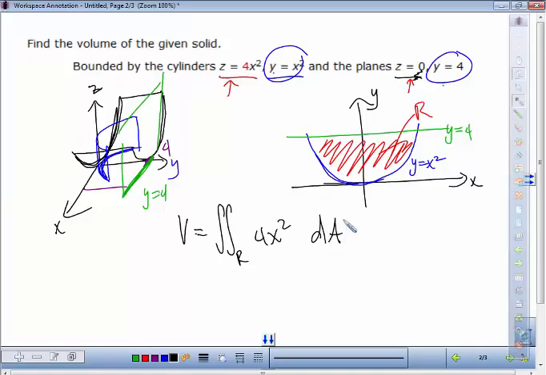Now, how would you want to take the integral of this first? See? So if you go with respect to x, you're going to hit this graph at 2 different places where you have to consider plus and minus. You have to solve for x is equal to plus and minus square root of y.